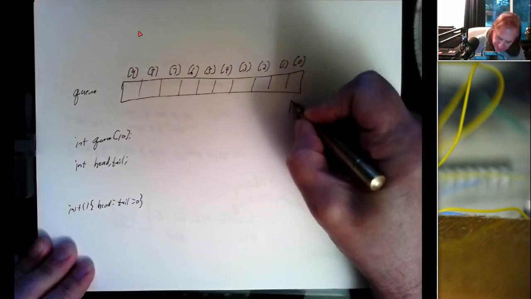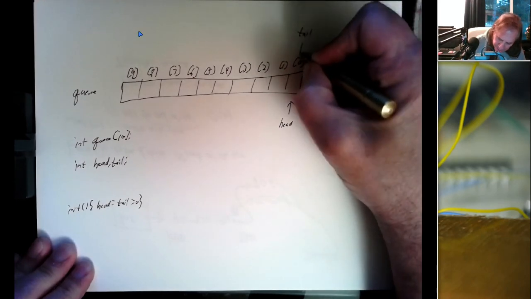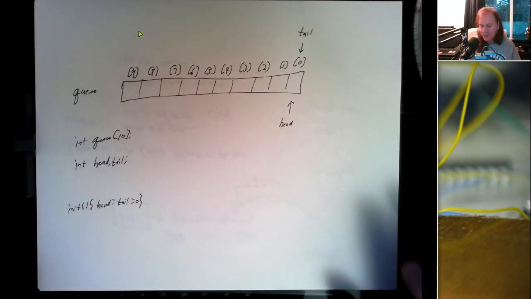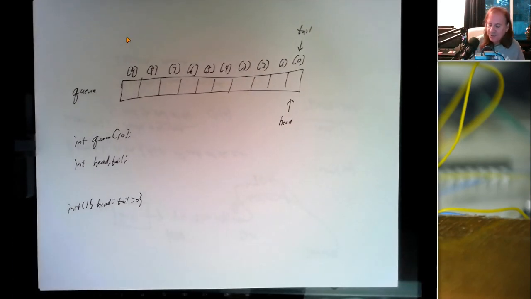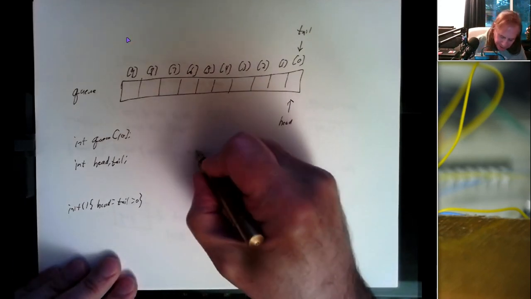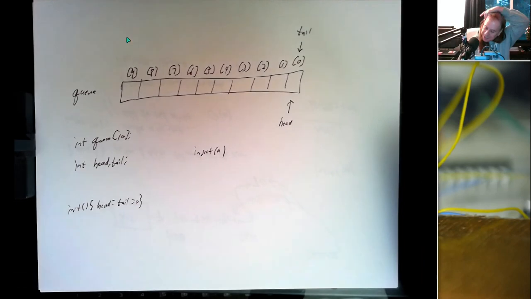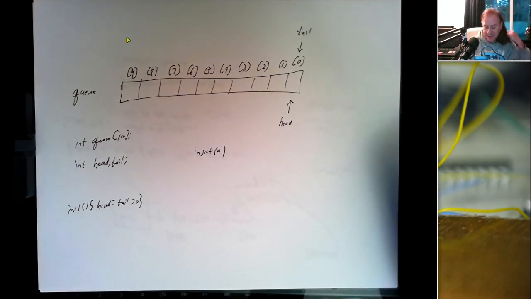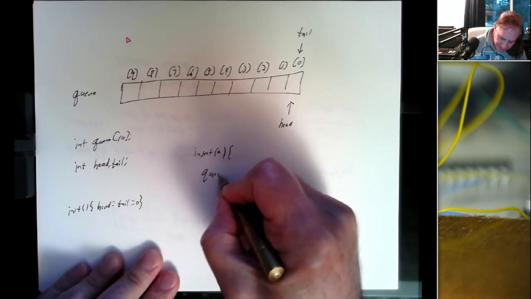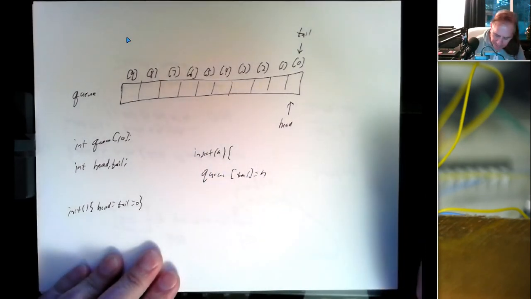So head and tail will both point to the same element. We'll set them to 0, but as long as they point to the same element, that's an empty queue. And so when we want to insert, and remember we insert at the tail of the queue, we're going to do something like this: Q bracket tail equals n.